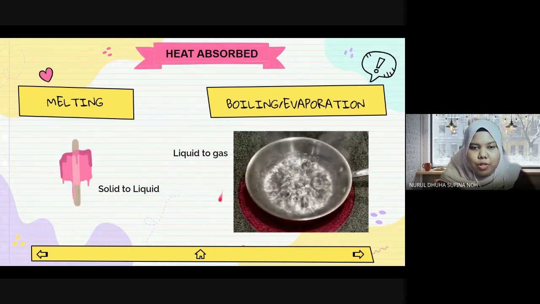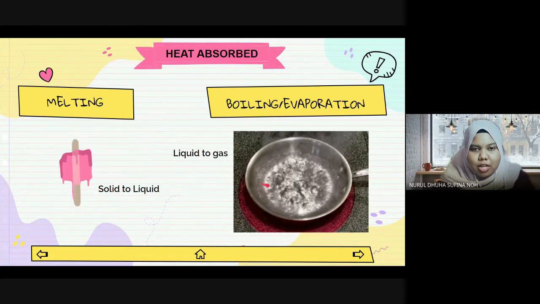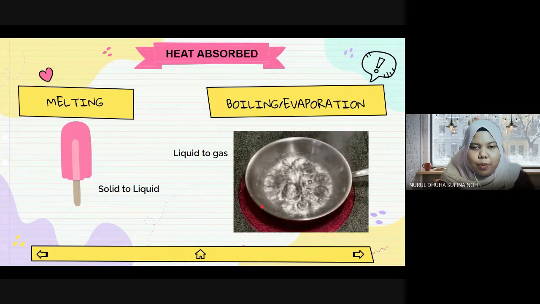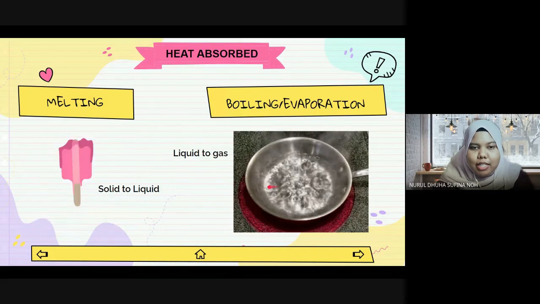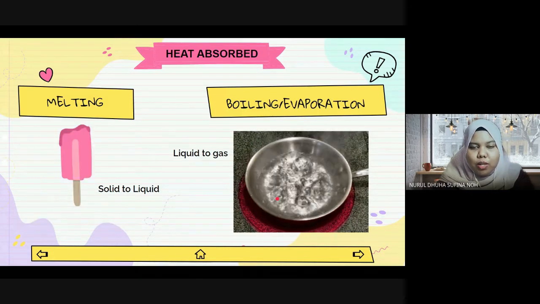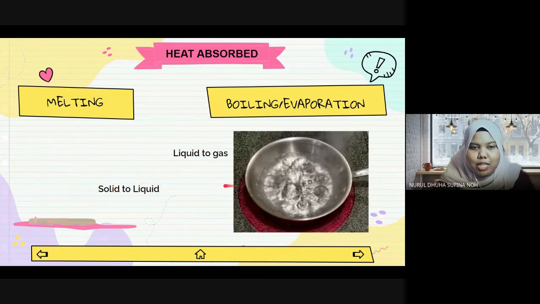This process involves the conversion of liquid to gas. As we can see here, the process of boiling water. The water is in liquid state. When we boil it, it will absorb heat, then produce water vapor which is in gas state.